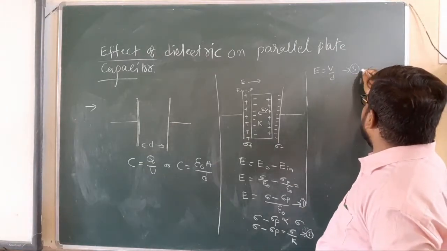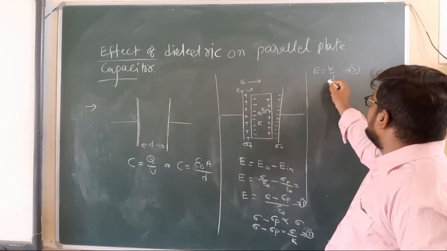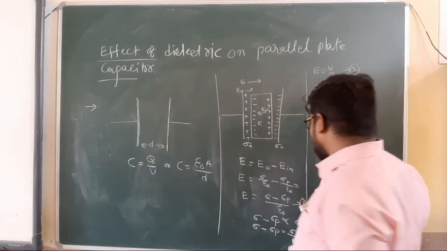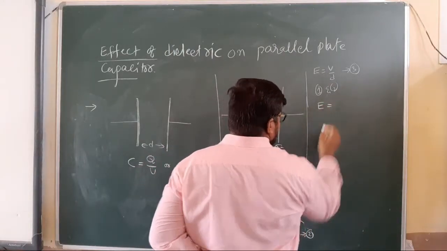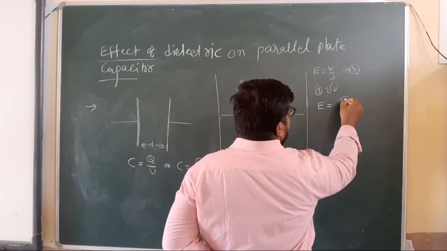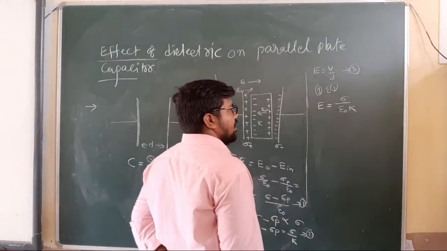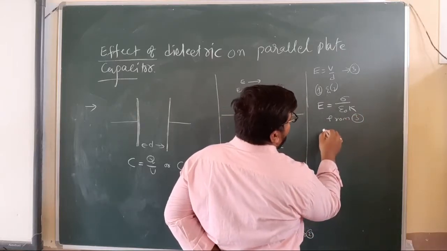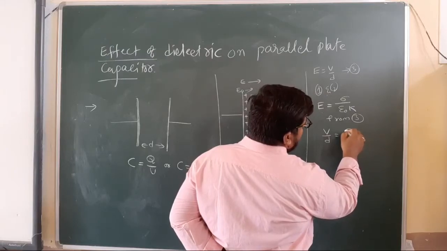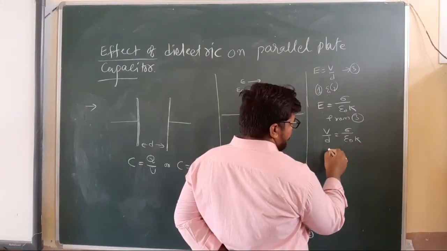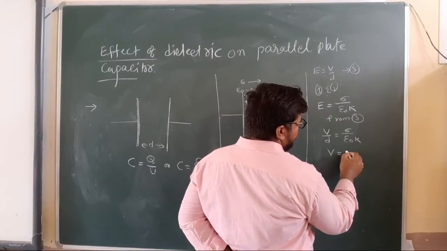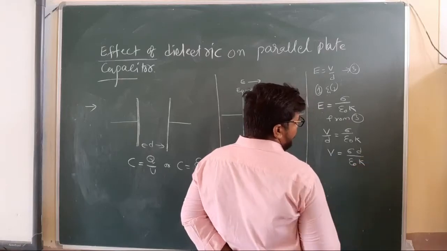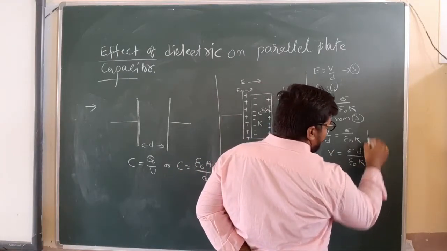Using equations 1 and 2, we write E is equal to sigma by epsilon naught K. Then from equation 3, V by D is equal to sigma by epsilon naught K. So V is equal to sigma D by epsilon naught K.